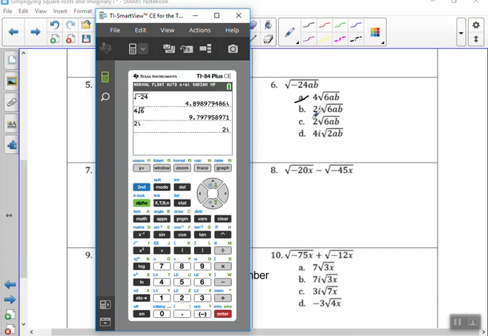I forgot something. What did I forget here for answer choice B? Oh, I forgot to put the square root of x. 2i square root of 6. There we go. That's my answer because it matches my original question.